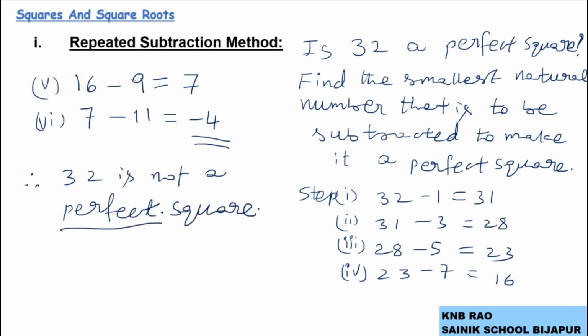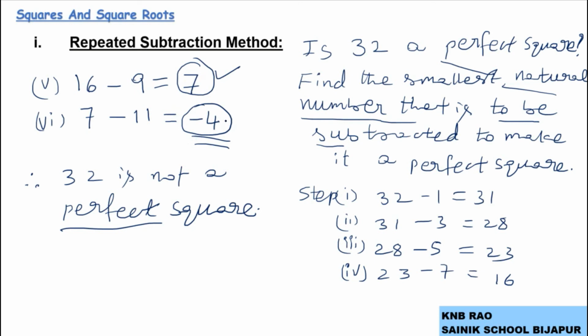So the first thing we can answer in this question. Next, find the smallest natural number that is to be subtracted. Here in the fifth step I got 7, in the sixth step the difference is -4. Now from this fifth step and sixth step only we get two important things. One, 7 is excess, 4 is shortage. You remember, this positive number tells us how much is to be subtracted.